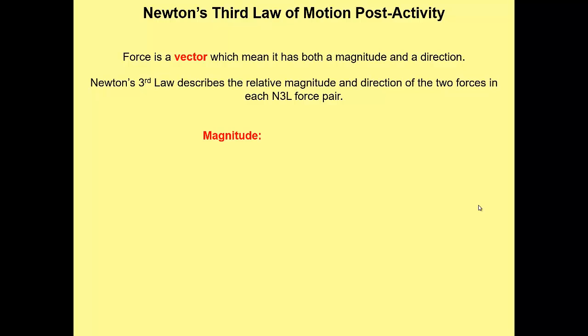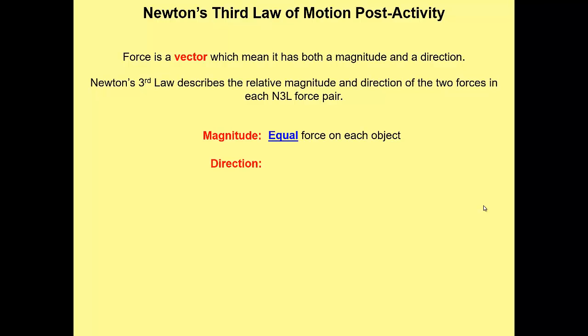And in all of those examples, what was true about the size of the forces? Yeah, they were always equal. The table pushes up on the book just as much as the book pushes down on the table. And you saw lots of examples of that.